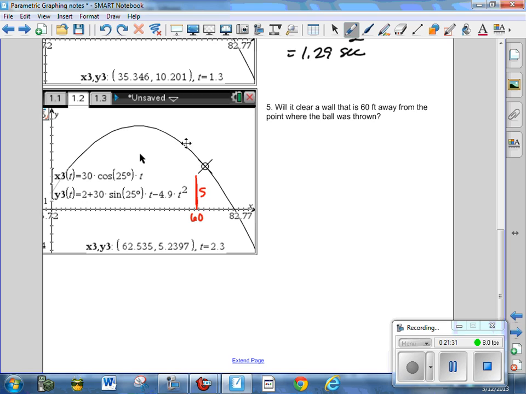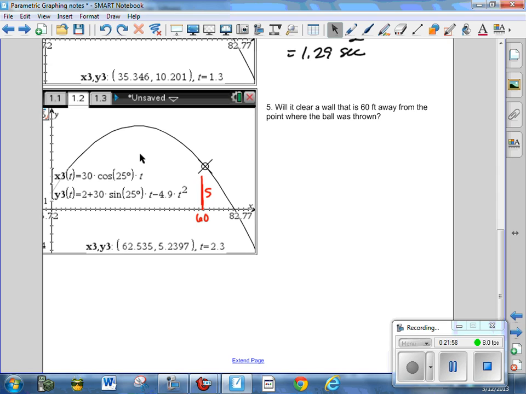I've actually traced to where my x value is 62, so I've traced past the fence, and I'm still over 5 meters high. So it does obviously clear the wall. I'm not exactly sure where the fence is. Maybe the fence is more like here. Not exactly sure, but I have cleared the wall.